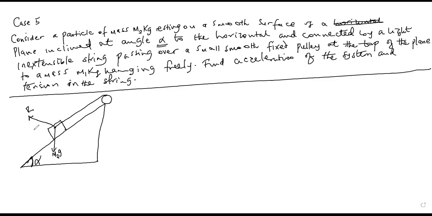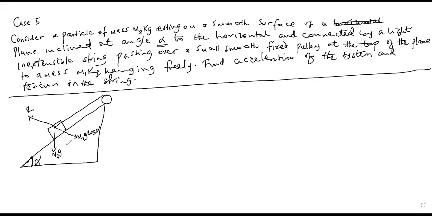R, and we need to know that for this case, if the plane is inclined at angle alpha, we need the resolved components of this weight. So we shall have a component m2g cos alpha. They have to be imaginary, so don't draw them using solid lines.